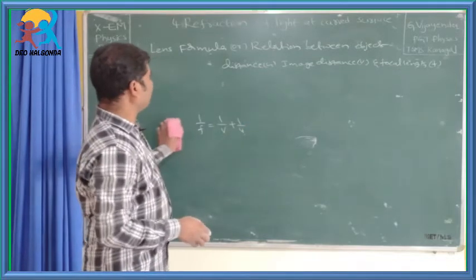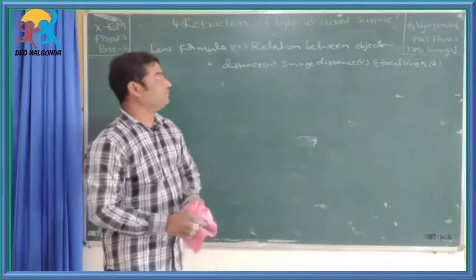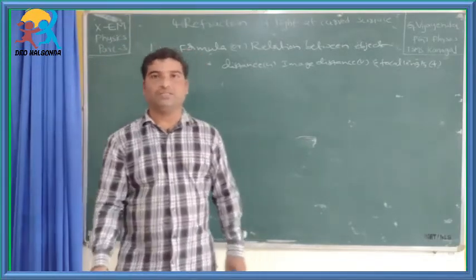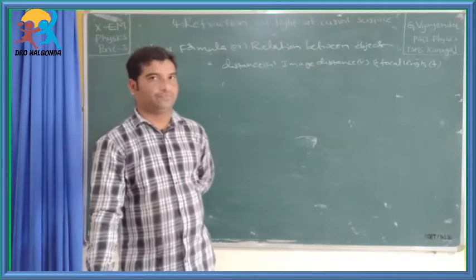And now we have the lens formula, the relation between the object distance u, image distance v and focal length f of the lens.